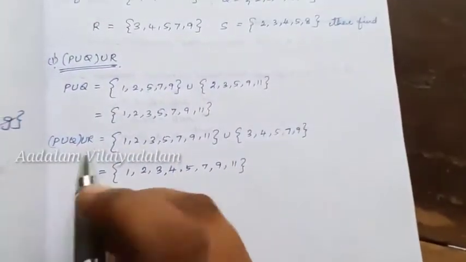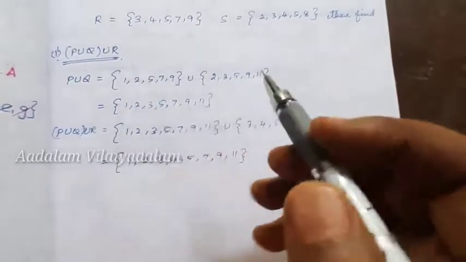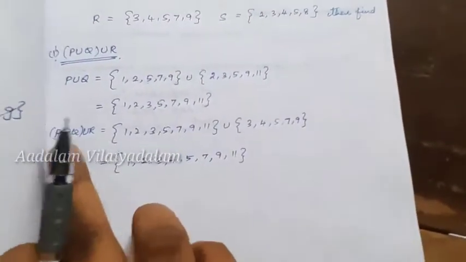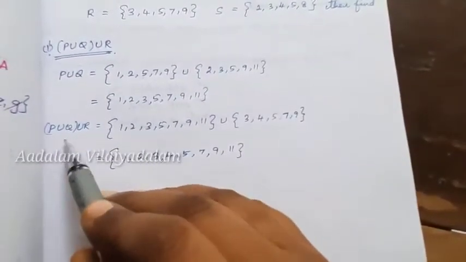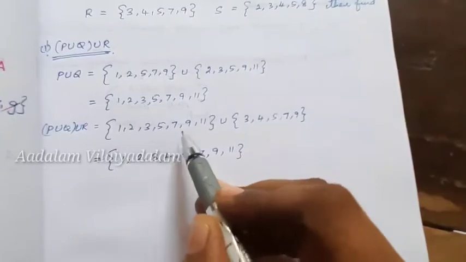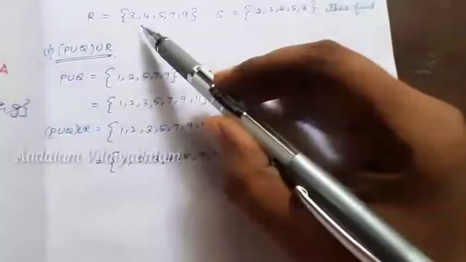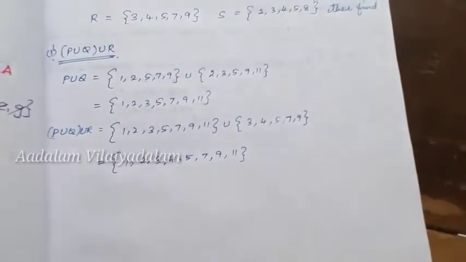First we have found the value for P union Q, that is in the bracket. Next we shall move to P union Q union R. After finding this bracket, we shall find the whole P union Q union R. The P union Q value is {1, 2, 3, 5, 7, 9, 11}. The remaining R set is {3, 4, 5, 7, 9}.